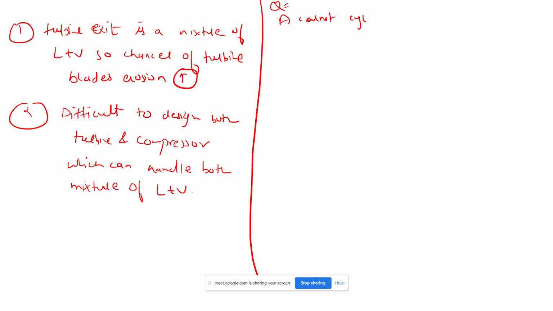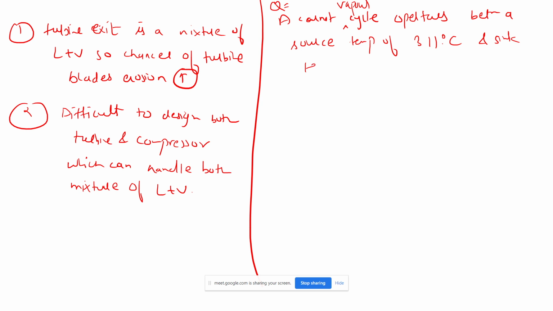A Carnot vapor cycle operates between a source temperature of 311 degrees Celsius and a sink temperature of 32.88 degrees Celsius.